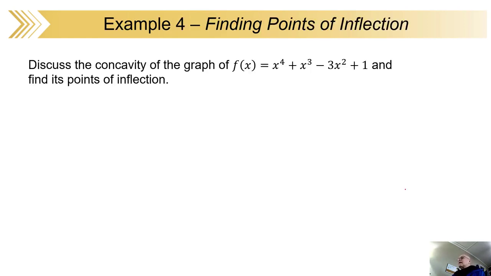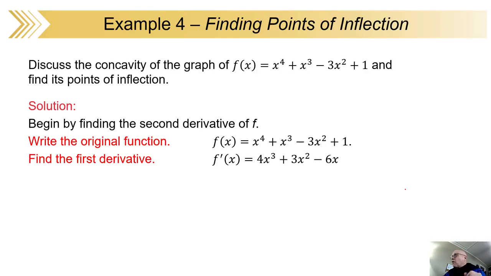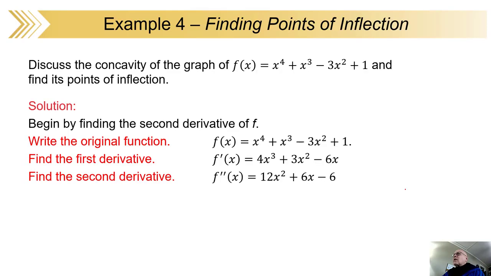Next, an example to look at. So of course you write down the function, make sure you got it right on your paper. To find the first derivative, of course you can't find the second derivative without getting the first derivative first. Here's your first one. Take the second derivative. What are you going to be looking for?